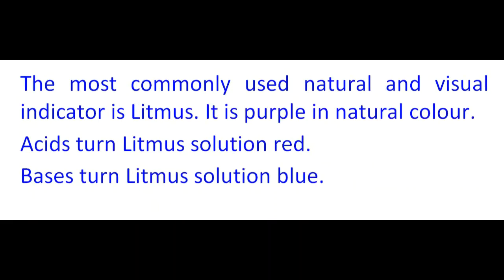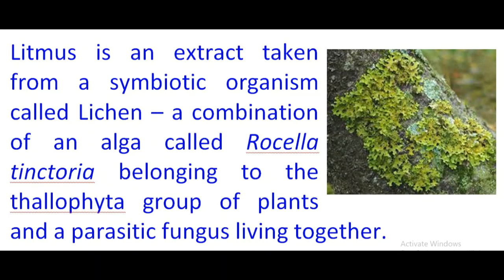But the most commonly used natural visual, also most effective indicator is litmus. It is purple in natural color, but acids turn litmus solution red and bases turn litmus solution blue. Litmus is an extract taken from a symbiotic organism. We call it lichen.